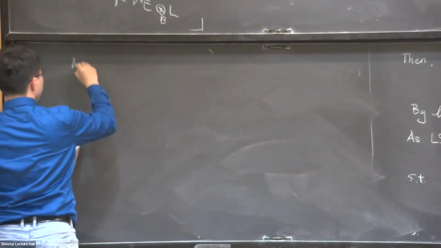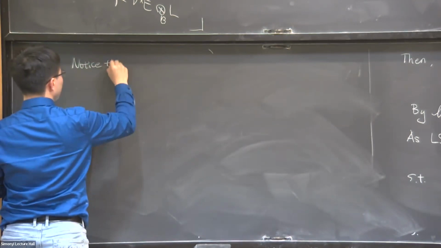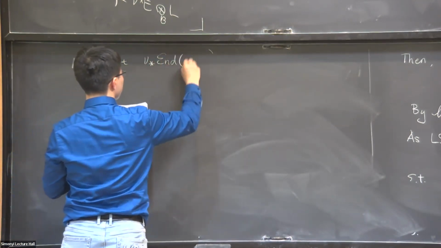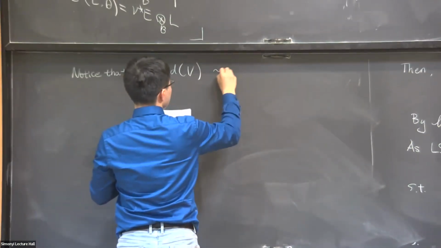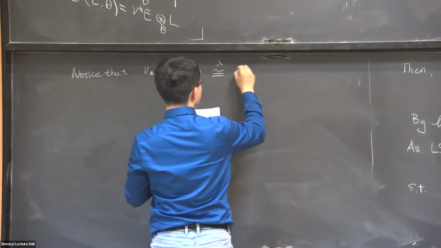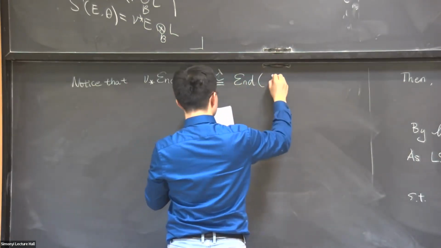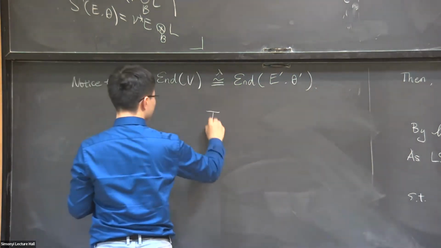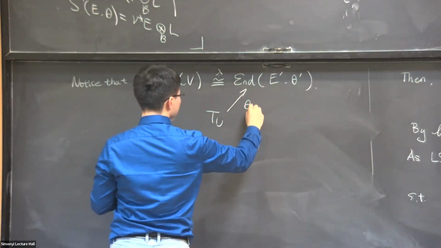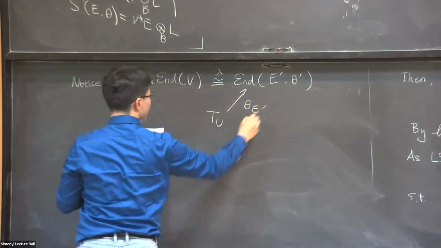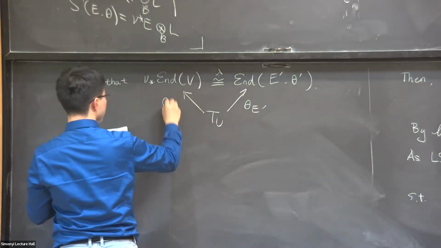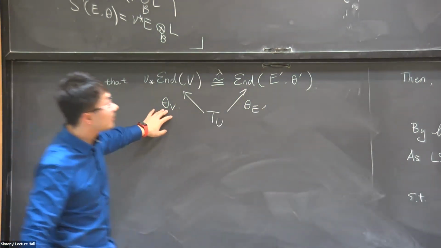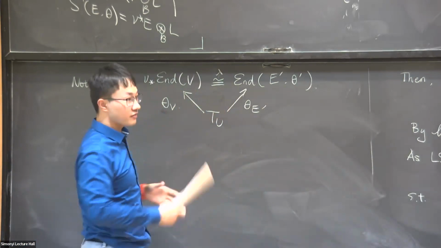Okay, notice that if I push forward endomorphism of V, it's isomorphic via lambda with endomorphism of E prime. And we have T U action through theta E prime and theta V. By the definition of theta V, we know that this diagram commutes, right?